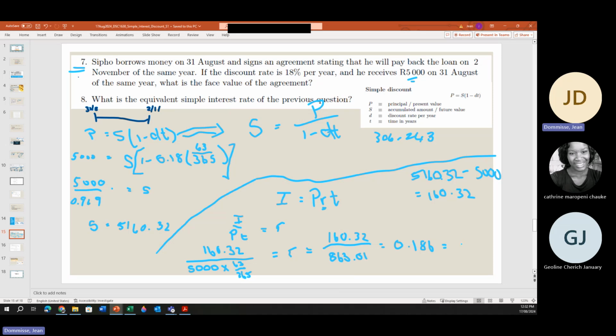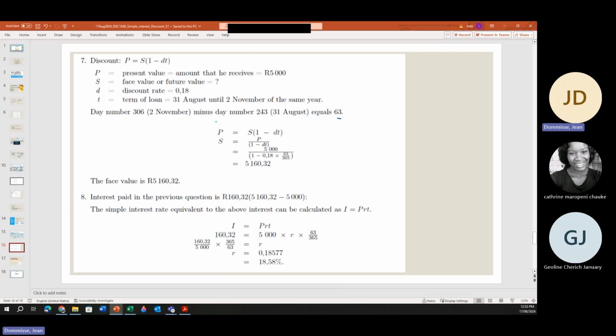So my percentage is a bit different because of the rounding off. So 18.58%.